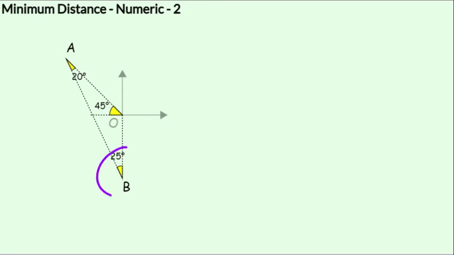So OBA is 25 degrees and OAB is 20 degrees. Now we will draw the vector diagrams for the red ball and for the blue ball, and then we will resolve the vectors into their components along the line AB and perpendicular to the line AB.